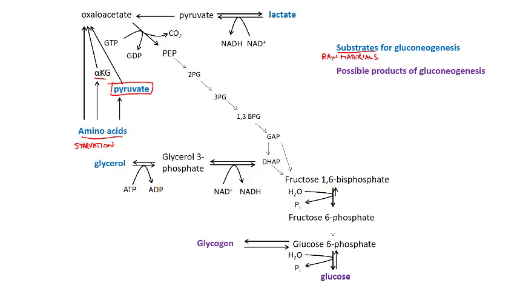Another important raw material for gluconeogenesis is lactate. So lactate can come from the muscles, and this is usually done during heavy exercise. Why is that?